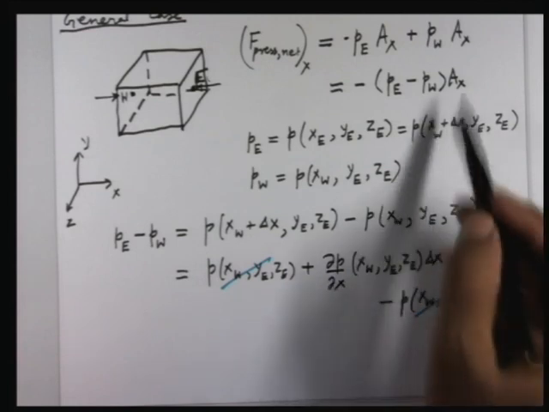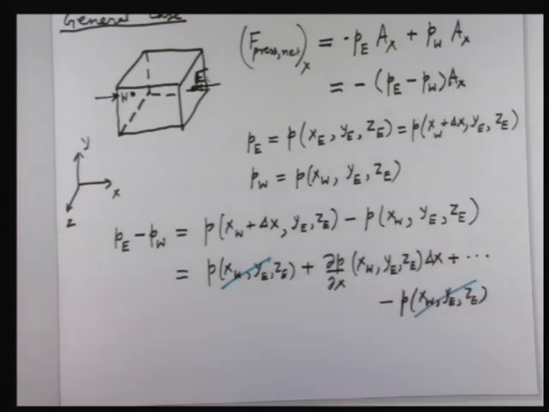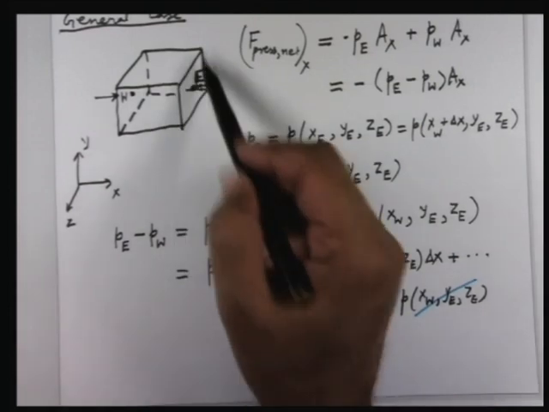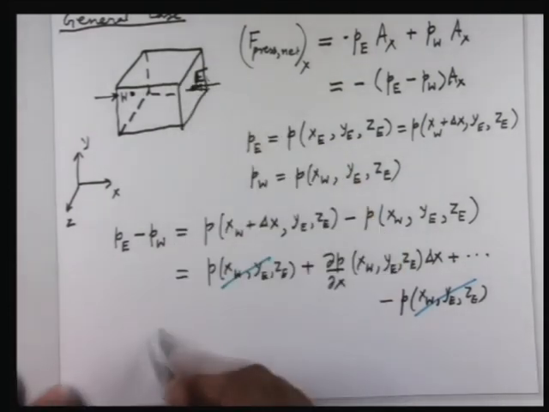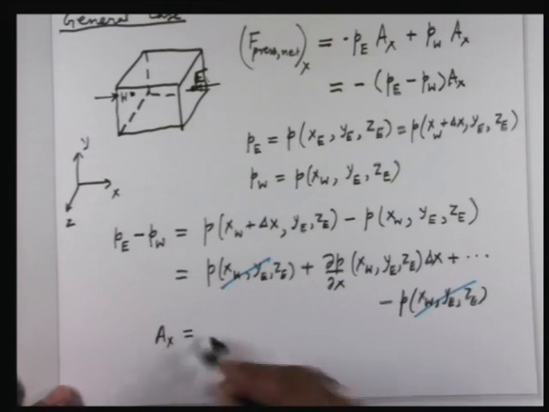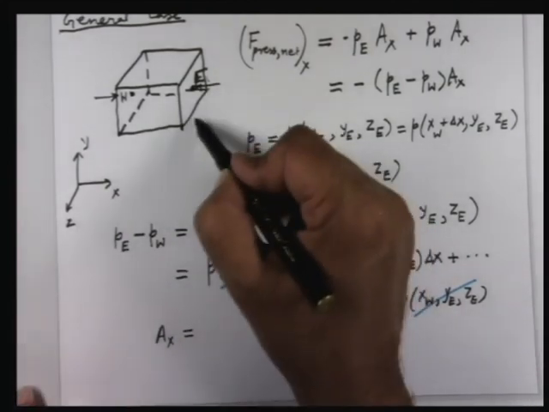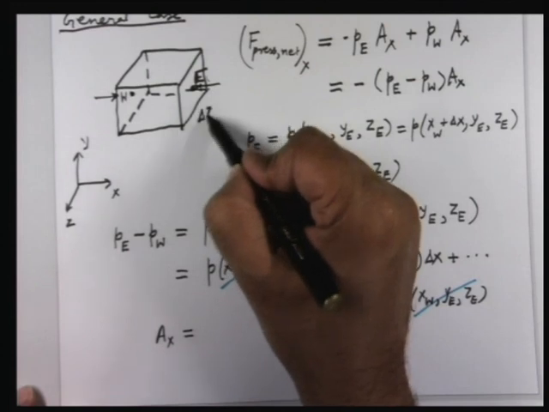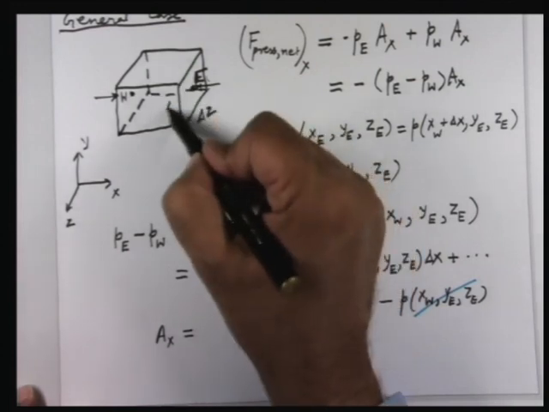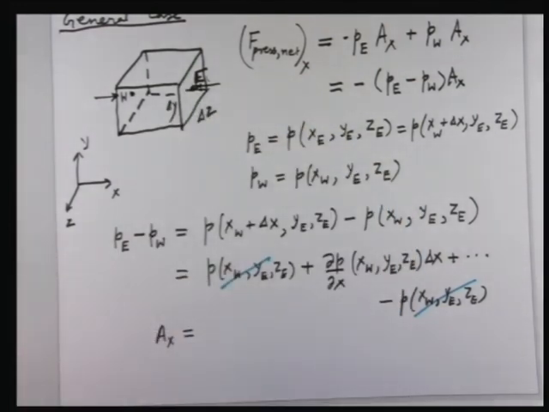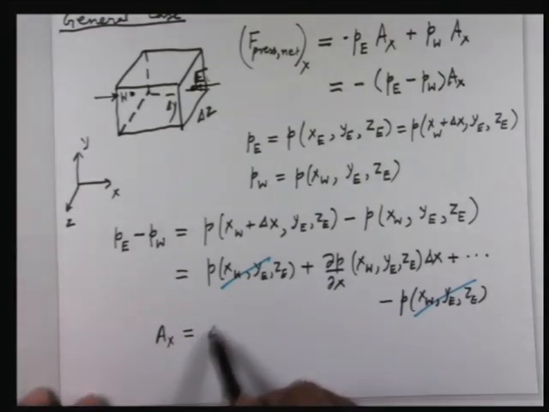Now I use the symbol Ax to denote the area which is perpendicular to the x direction. So what is Ax? This length is delta z and the vertical length is delta y according to this figure, so this is delta y into delta z.